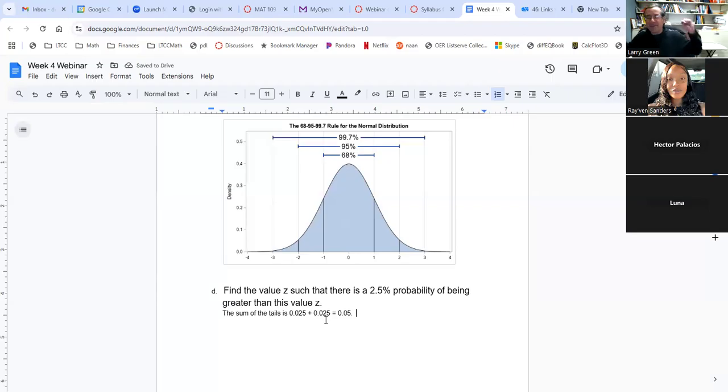Okay, so if 5%, or 0.05, is the probability of being in one of the two tails, what's the probability of being in the middle, not in the tails? If you have a 5% chance of being in the tail, what's the percent chance of not being in the tail? Should be an easy question.